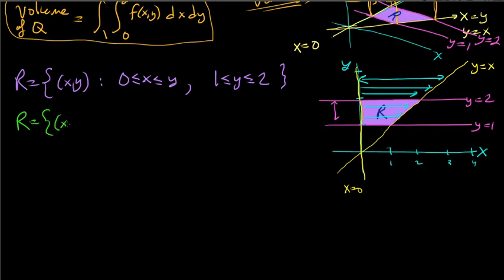It's also the set of points x, y such that y goes from 1 to 2, but only when x is between 0 and 1. So we're going to divide this up into two parts. This green square over here is just x from 0 to 1, and y from 1 to 2.